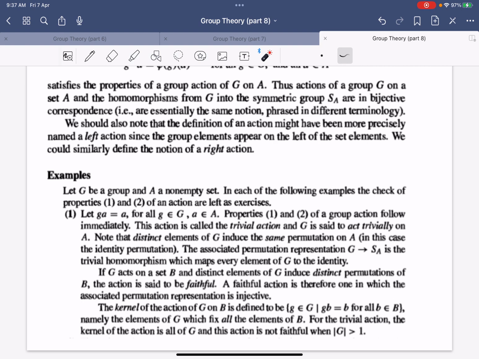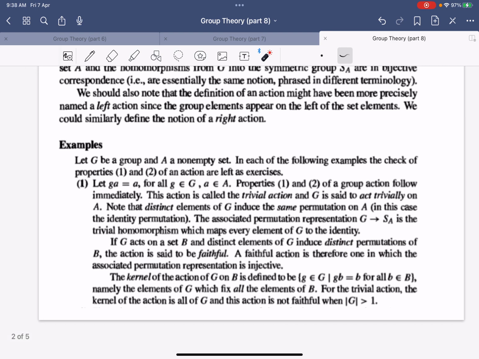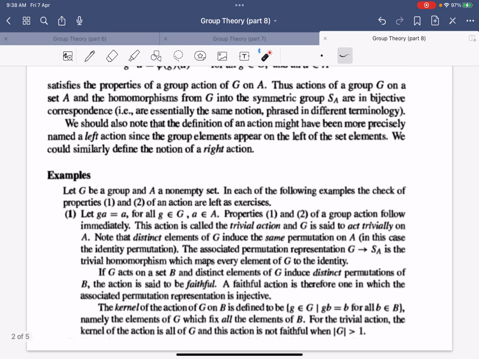We say that an action is faithful if this permutation map is injective, and what it's saying is that distinct elements of G induce distinct permutations of the set B. The kernel of this action is defined as the elements g in G such that g times b equals b for all b.